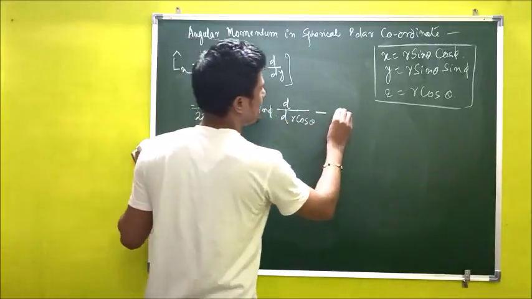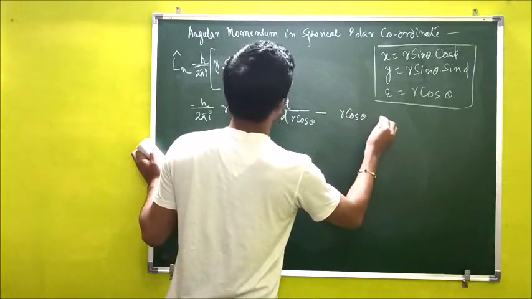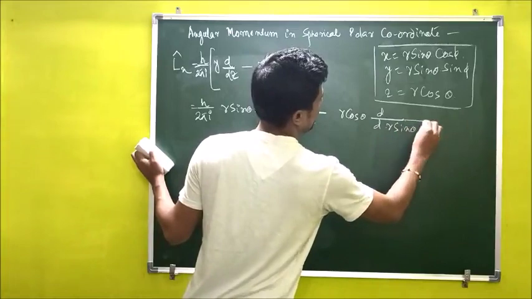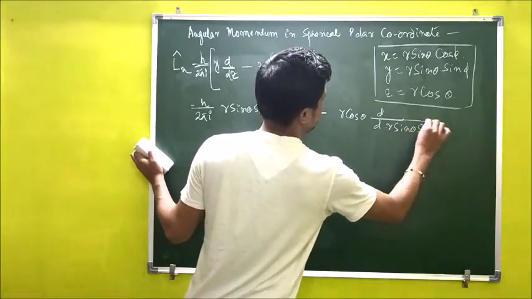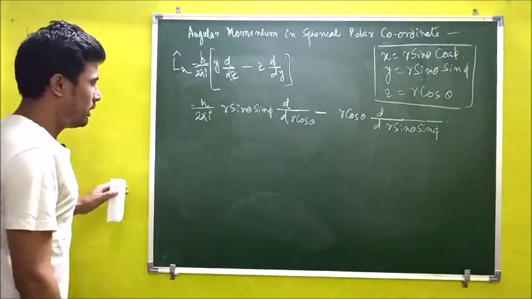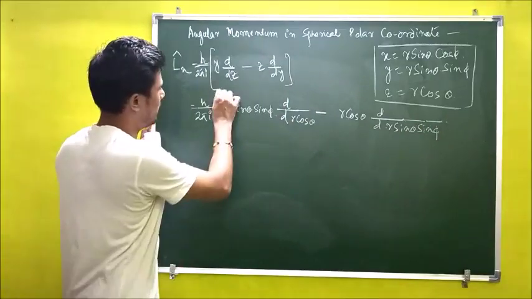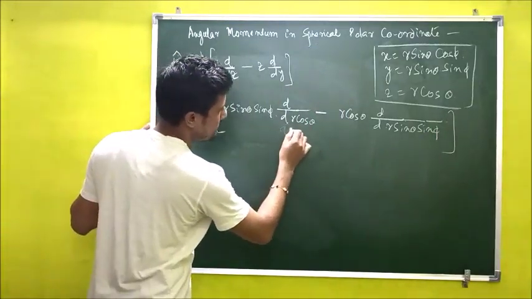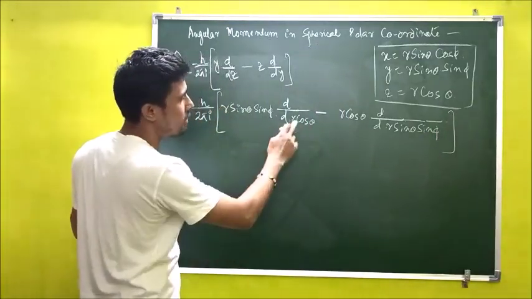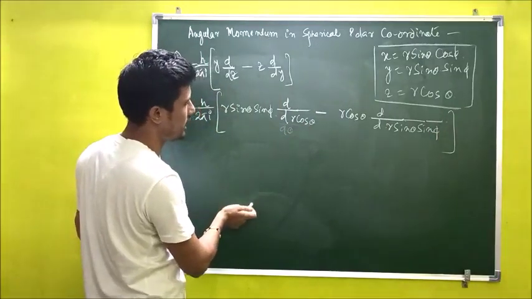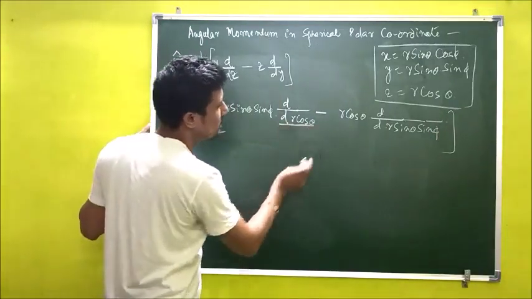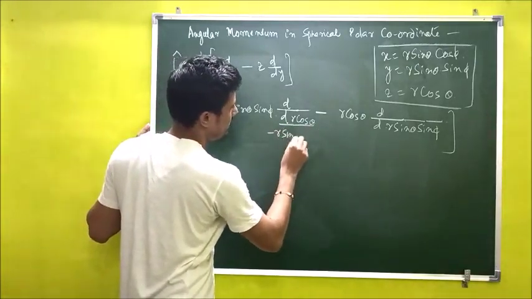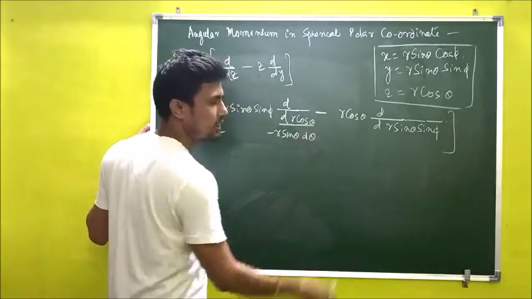In place of z, r cos theta, and in place of d/dy, the derivative of r sine theta sine phi. If we differentiate with respect to theta, we will get minus r sine theta, so d of r cos theta is minus r sine theta d theta.